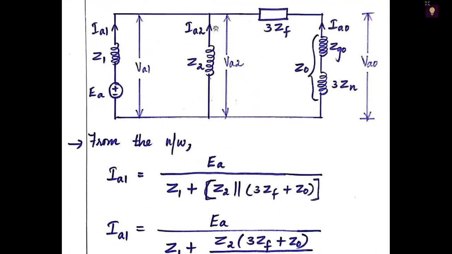But in our case, it is not like that. If the current direction is downward, it will be a plus sign. I think you're all familiar with the current division rule. Since it is along the upward direction, we are putting the minus sign here also.